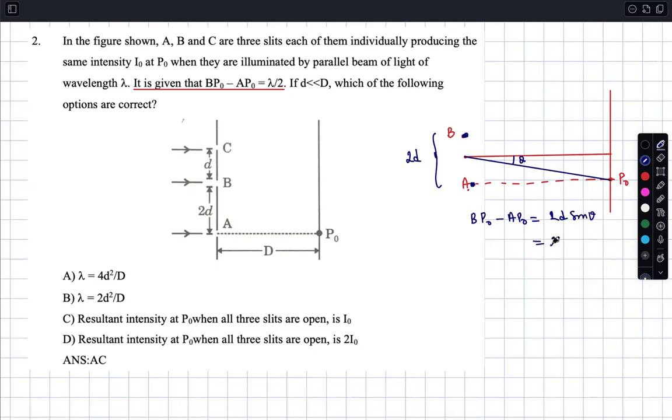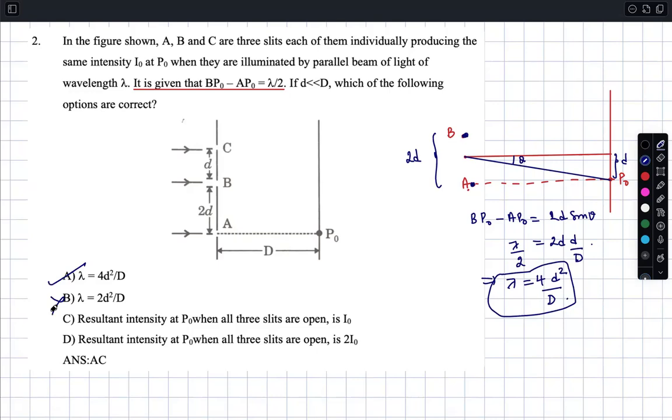When the angle is small, you know this distance is D, you can almost write it as D by capital T. But they have given BP naught minus AP naught as lambda by 2. So therefore, lambda is 4D square by capital T. That is one piece of information I have. So when A is correct, B is wrong.